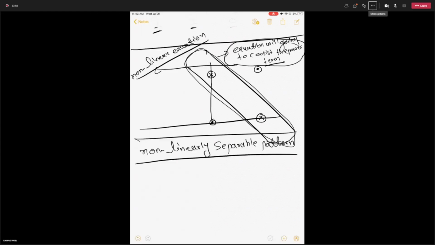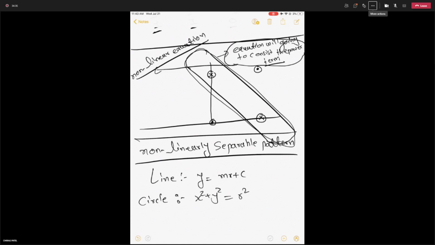This is the fundamental justice we are giving to the subject. If somebody says this is a non-linearly separable pattern, you need to understand the things behind it. If you understand mathematics nicely, the line equation is y = mx + c. What is the equation of the circle? x square plus y square is equal to r square.